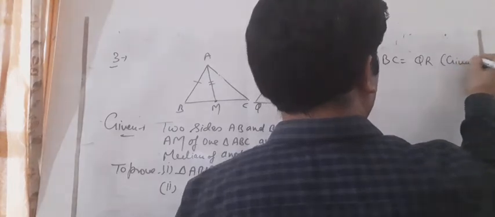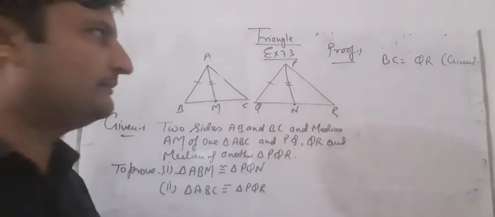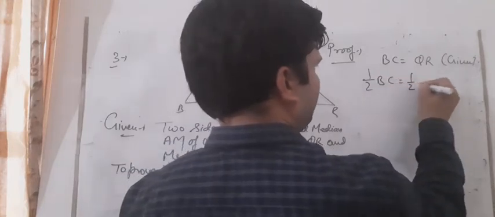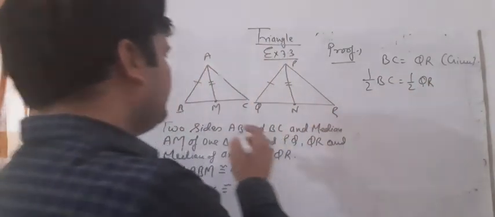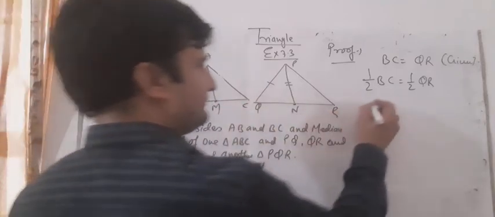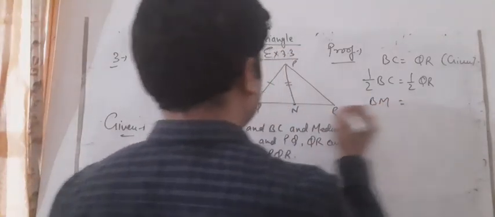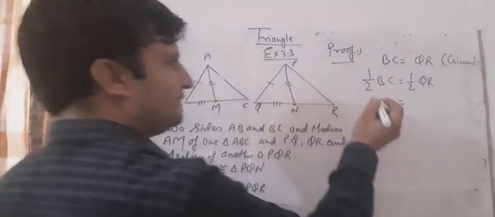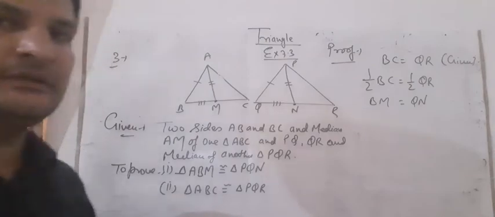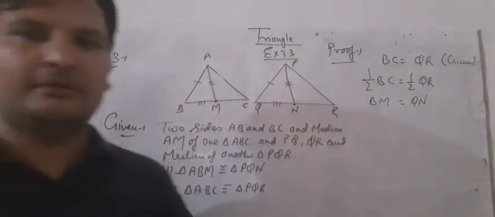Multiply by half. Half of BC is equal to half of QR. Half of BC means BM, so BM is equal to half of QR, which means QN. We have proved it here.